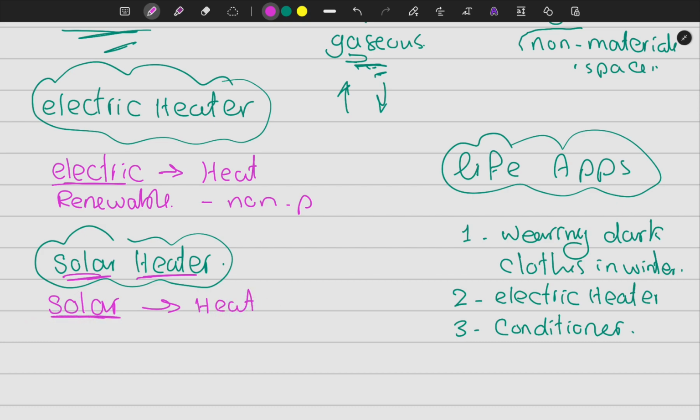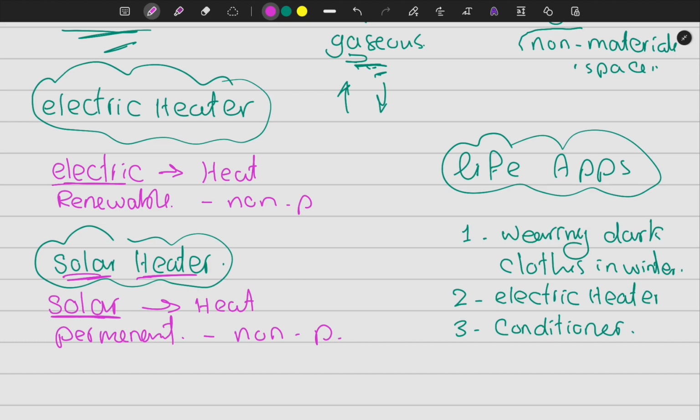Is solar energy renewable or non-renewable? Neither one of them. It's permanent. It doesn't end to be renewable. It's permanent. Okay. Of course, non-polluting.